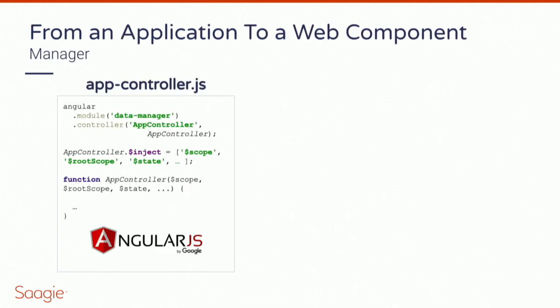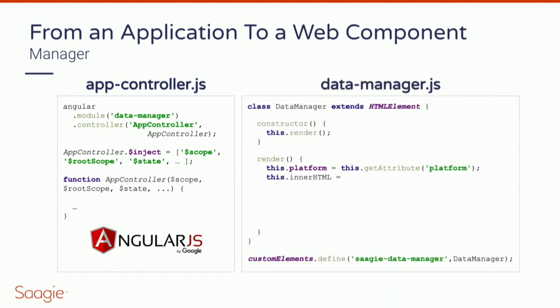So now, how do you move your existing application into a web component? Here, if we look at the manager example, that's the main JavaScript class of the manager. And if you're familiar with AngularJS, it should sound familiar. So we're going to declare a component called data manager, which extends HTMLElement.